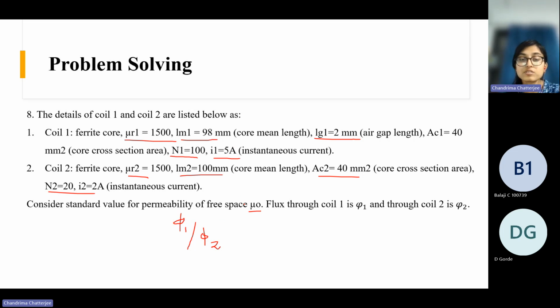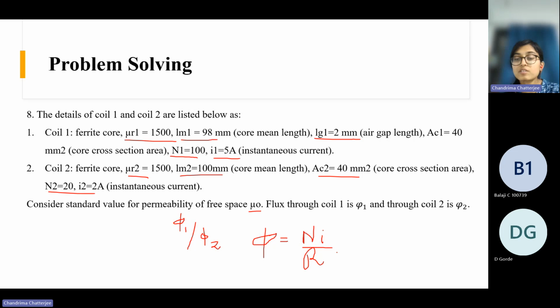This is a very easy question actually. What is flux in any core? Flux is mmf by reluctance. The mmf you can find readily: N is given, I is given, so NI is already there.